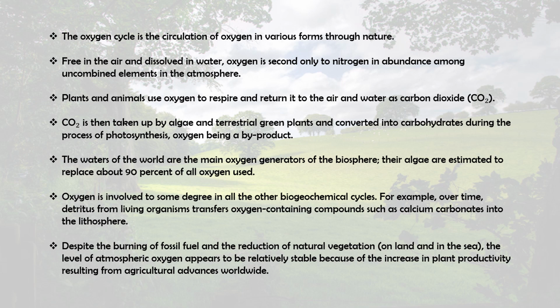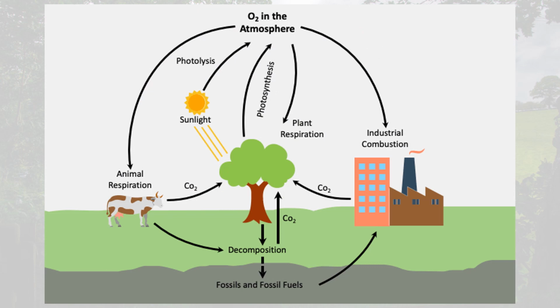Now it may be stable, but in coming days, with our activities, the oxygen present in the atmosphere may decrease, which will give us many complications, starting from breathing. And in this picture, we will see how oxygen is circulated in the biosphere, atmosphere, and lithosphere.